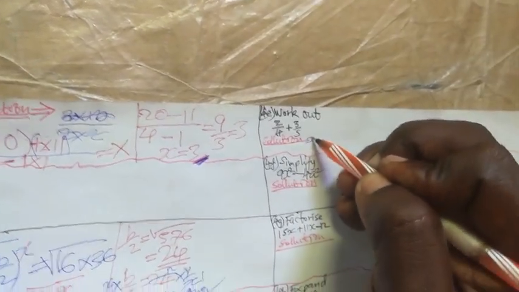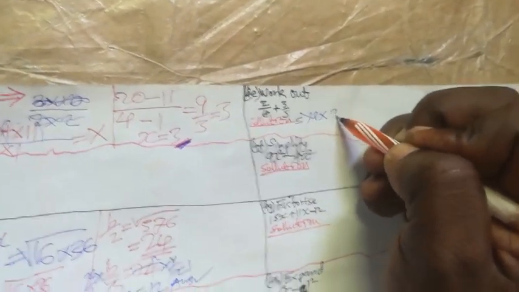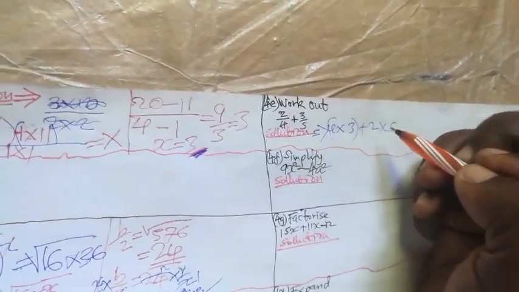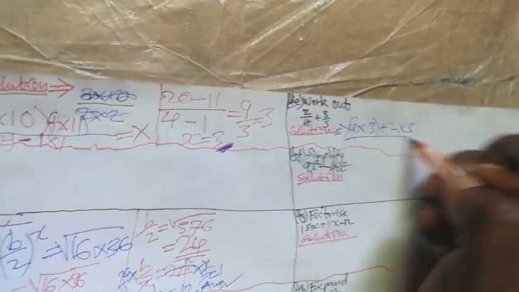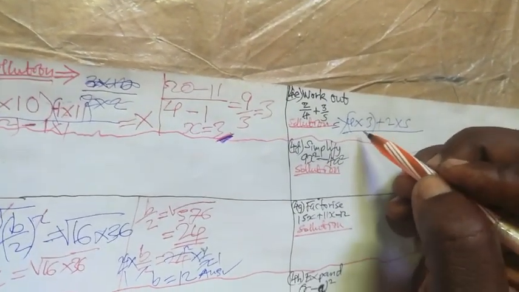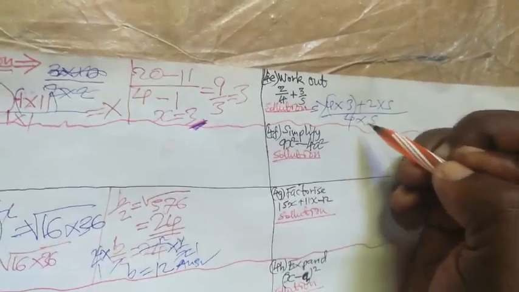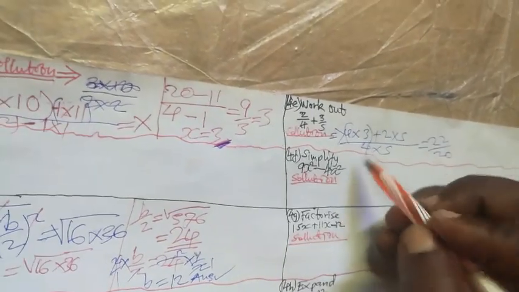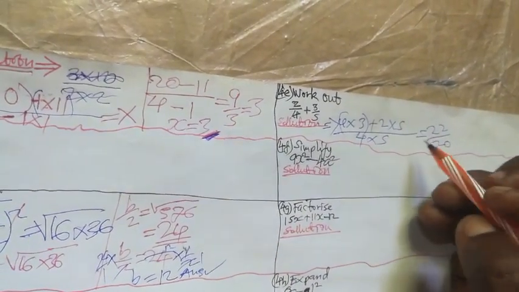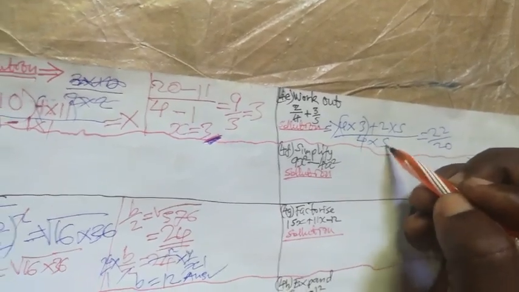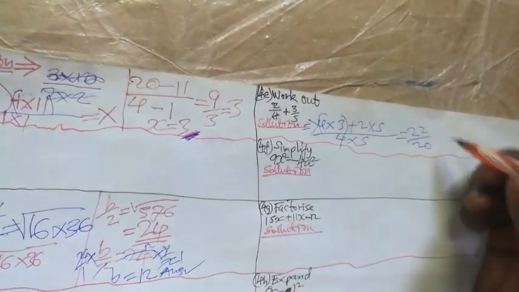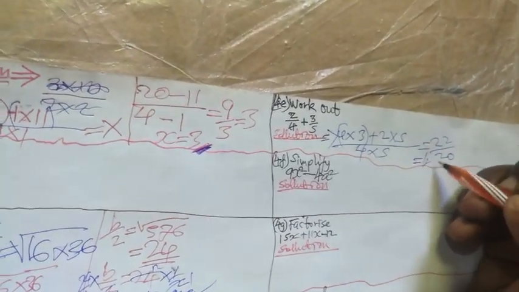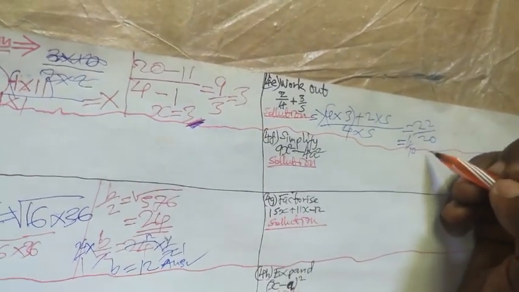Hence, our solution is (4 times 3 plus 2 times 5) all over 4 times 5. This will give us 22 over 20. 12 plus 10 is 22, over 5 times 4 is 20, which is the same as 11 over 10. This is our answer.